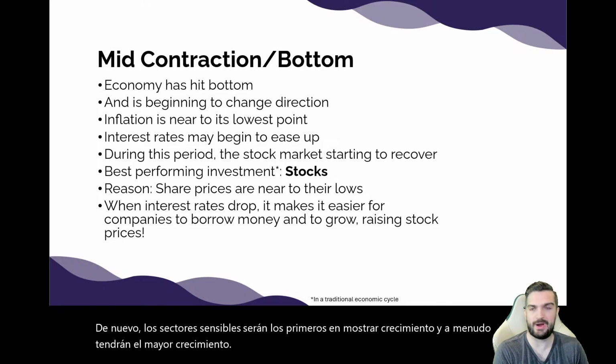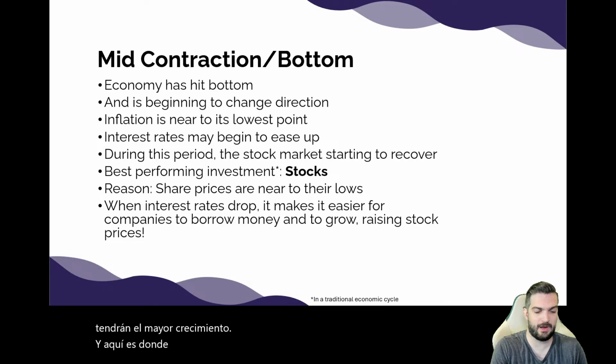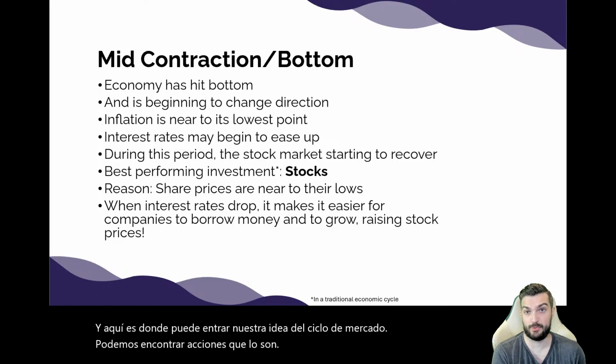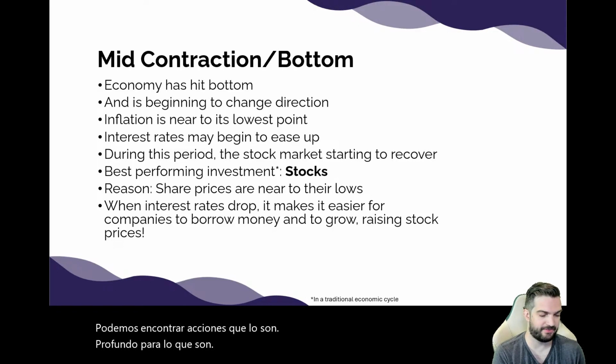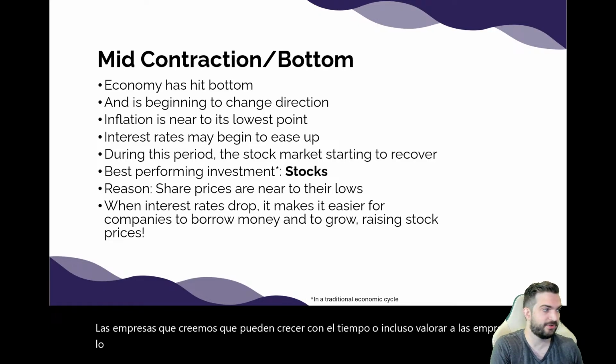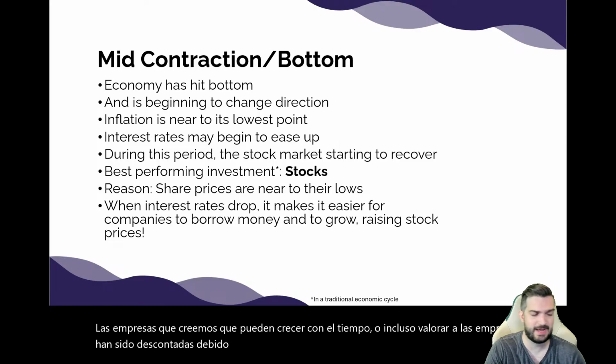And this is where our idea of the market cycle can come in. We are able to find stocks that are cheap for what they are, companies that we believe can grow over time, or even value companies that have been discounted because the entire stock market's going down.